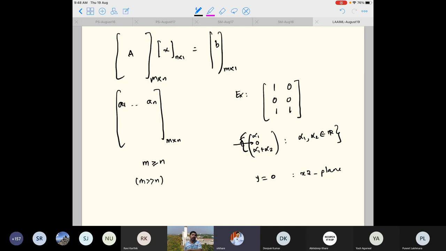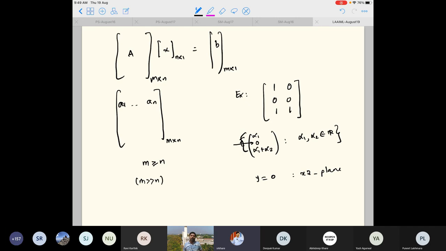But if the vector lies inside the xz plane, then you will be able to write it, and uniquely, because the columns are linearly independent. The columns form a basis for the subspace, and if the vector is in the subspace, then you can write it as a unique linear combination of columns, because it's a basis.